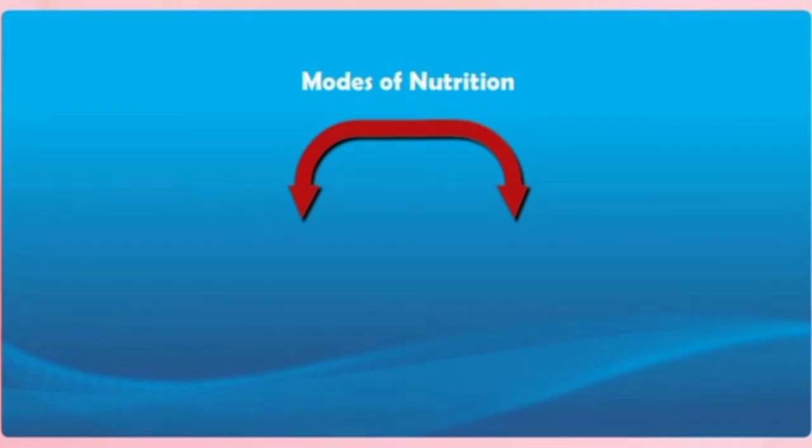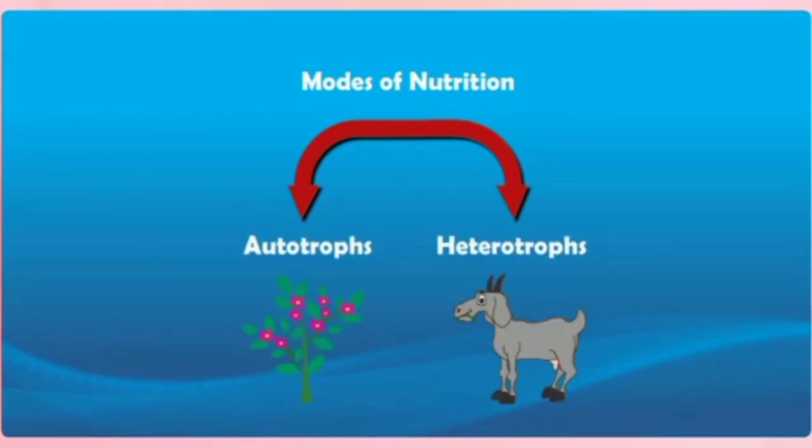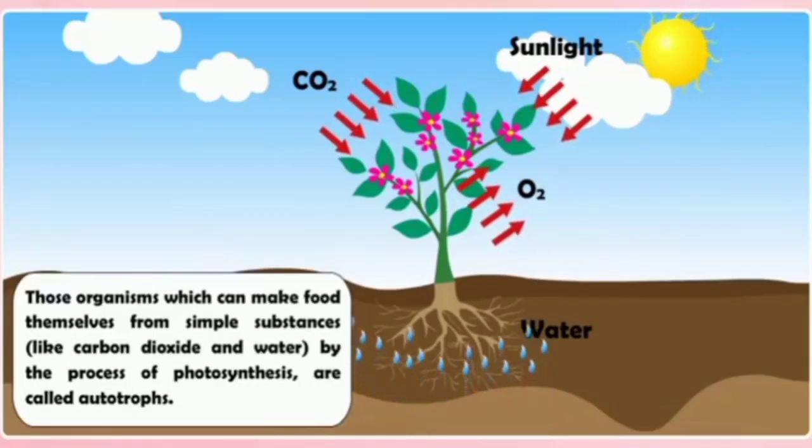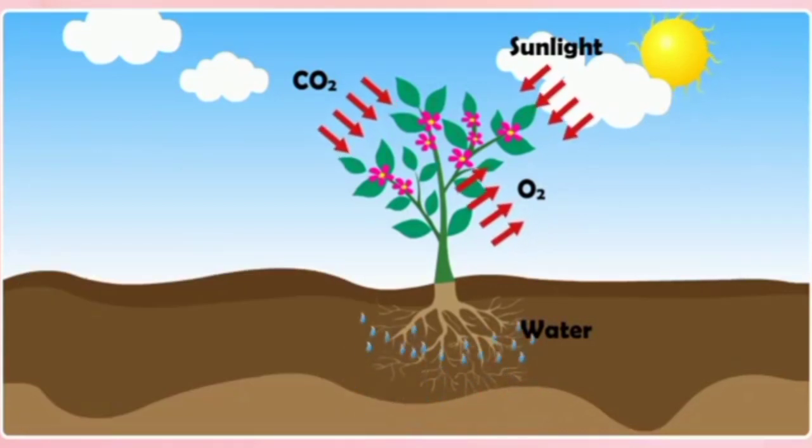There are two modes of nutrition. First is the autotrophic mode of nutrition and second is the heterotrophic mode of nutrition. Those organisms which can make food themselves from simple substances like carbon dioxide and water by the process of photosynthesis are called autotrophs.